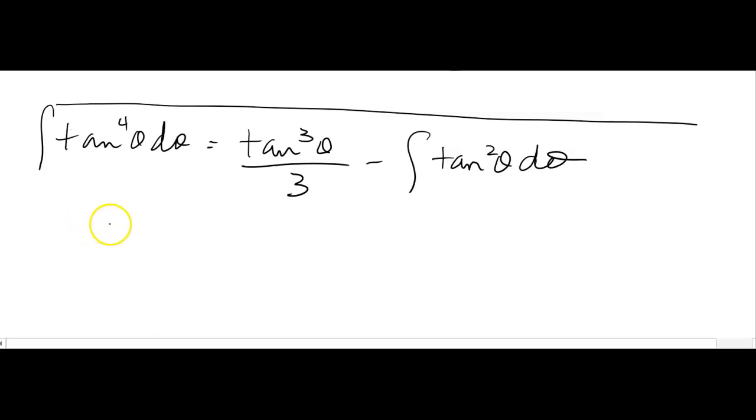It's kind of easy to integrate because you can see that tan squared is secant squared theta minus 1.